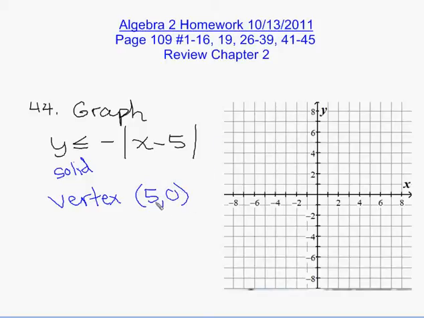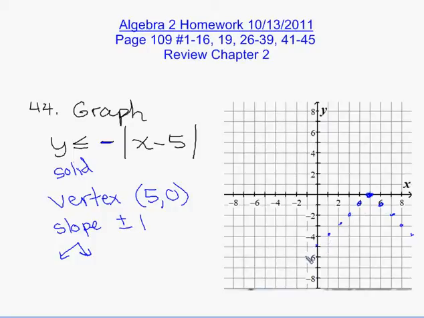That's positive 5, 0. We did that in the other video. And the slope is going to be 1. It's going to be up and down 1 over 1, but it's going to open downward because of this negative right here. Okay, so I'm going to graph the vertex, 5, 0. It's going to have slope of 1, but opening downward, so down 1 over 1 in both directions.